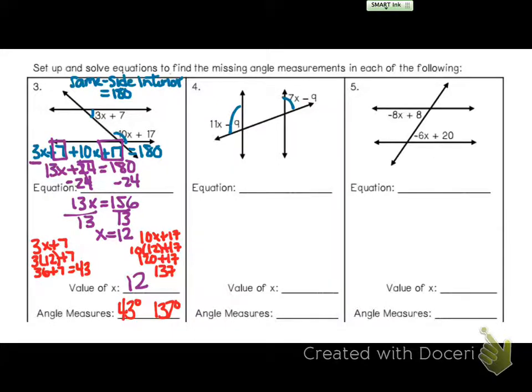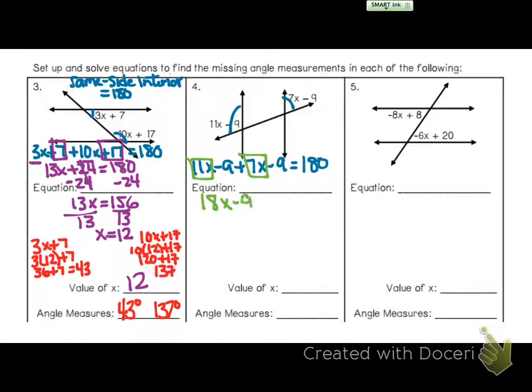How are we going to write this out? 11x minus 9 plus 7x minus 9 equals 180. What do I need to add together? 11x plus 7x, which gives me 18x.